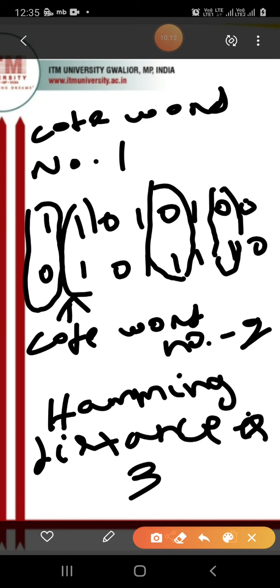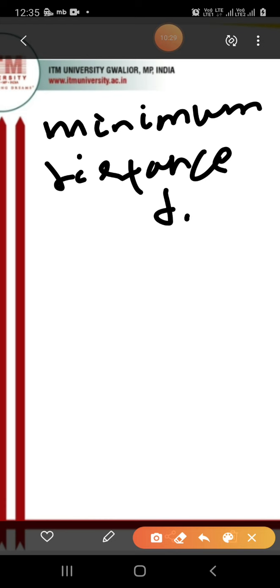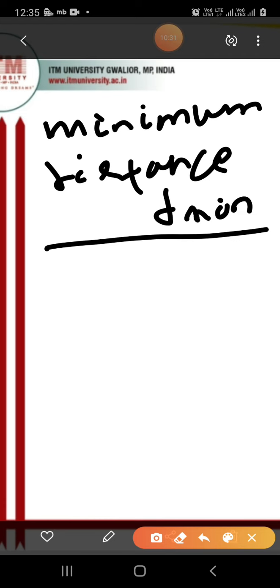So now coming to minimum distance, which is denoted by d min.